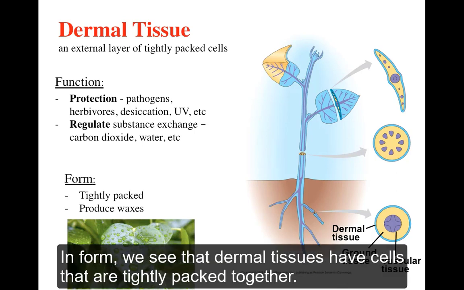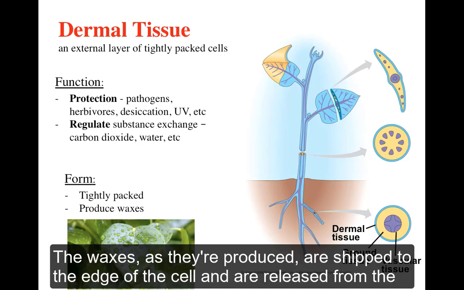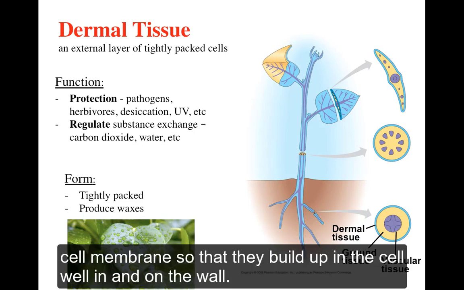In form, we see that dermal tissues have cells that are tightly packed together, and these cells also have the ability to produce waxes in the living cytoplasm of the cell. The waxes, as they're produced, are shipped to the edge of the cell and released from the cell membrane so that they build up in the cell wall, in and on the wall.